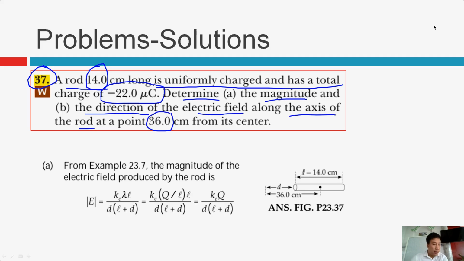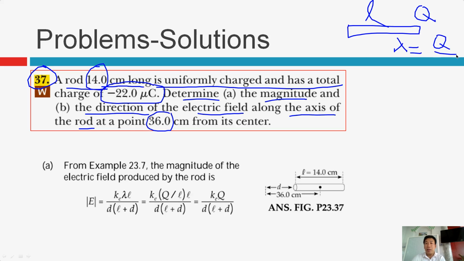In this problem, you didn't see this kind of problem at high school. This problem is only applied in this course because the rod has a length. Please remember that in the theory class, if the charge in a rod of length L is Q, it has a charge density equal to Q divided by L.